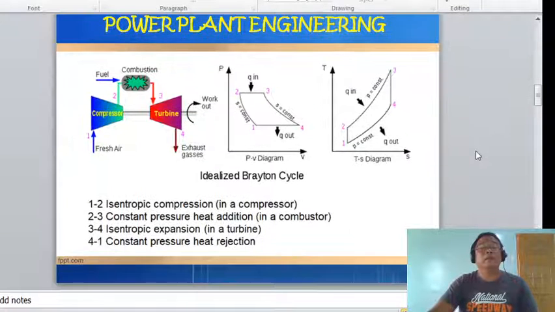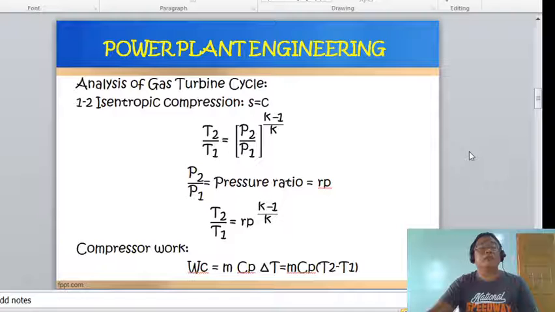So let us now proceed to the analysis of the gas turbine. 1 to 2, again, isentropic compression, where S equals C. Basically, the equation is PV^k = constant, same as in the isentropic process in thermodynamics. So we are now getting the ratio of the temperature by manipulating the equations.